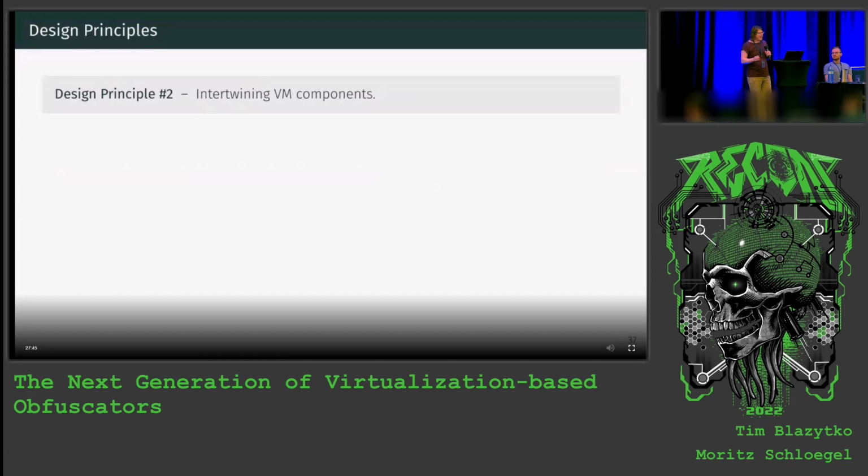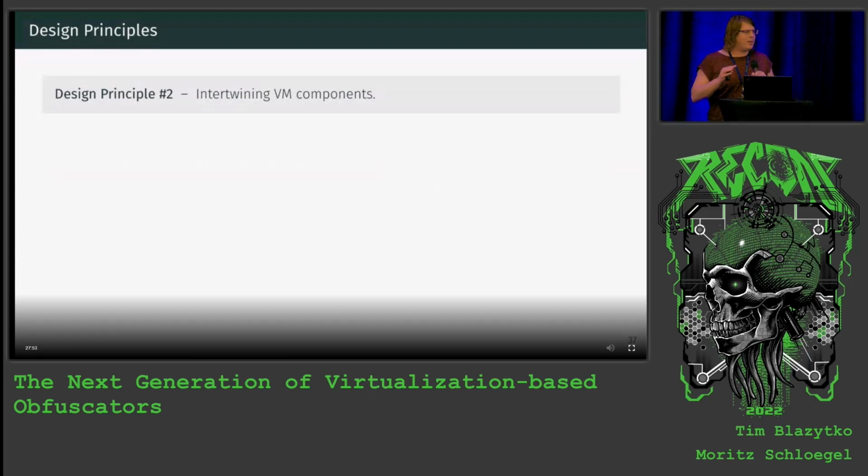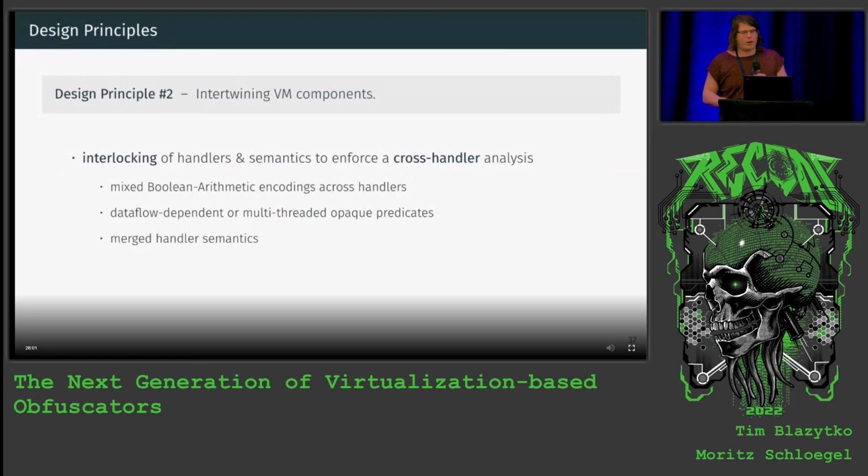Besides making the handler semantics target-dependent and more complex, the other design principle is basically to combine or interlock different VM components in a way such that you can't analyze them individually. So in other words, you have to enforce a cross-handler analysis. And this can be done in various ways.